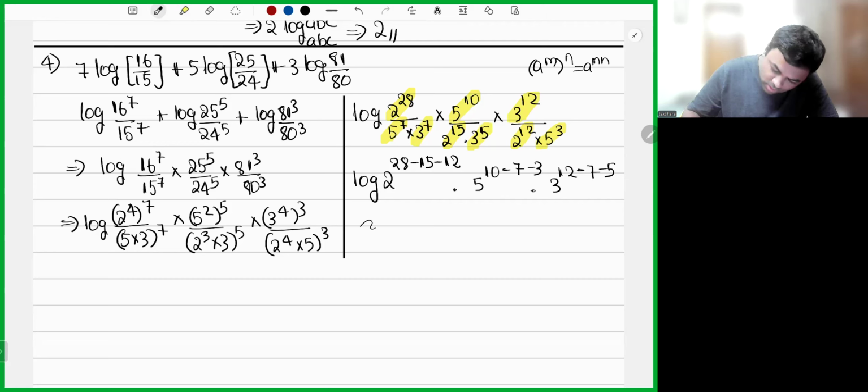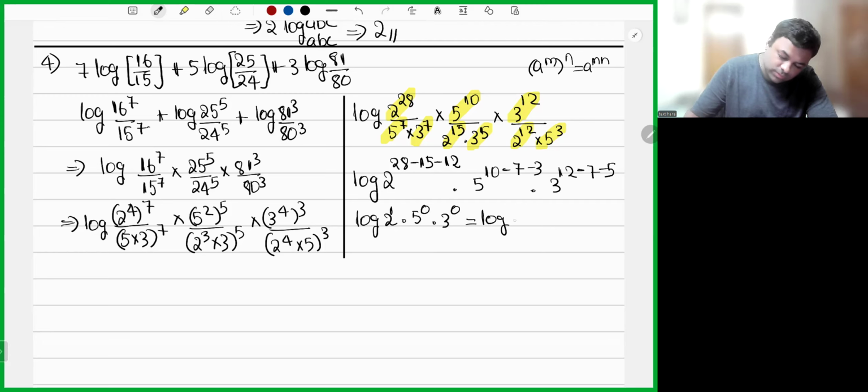Okay. So log 2 power, what is 28 minus 15 minus 12? 2 power 1. 10 minus 7 minus 3, 0. 12 minus 7 minus 5, 0. So the answer is log 2.